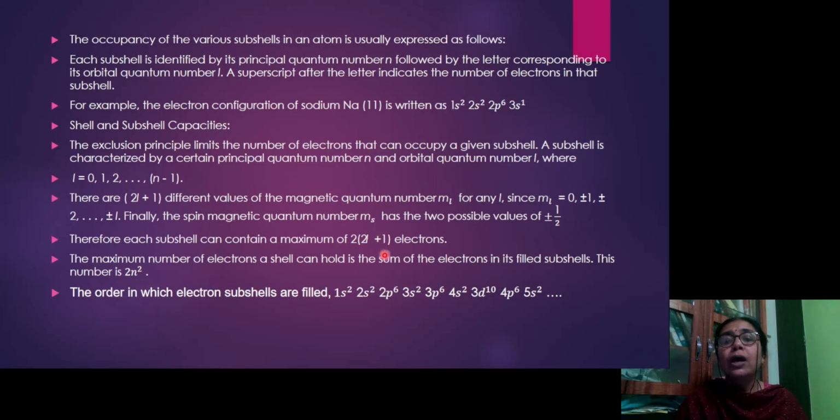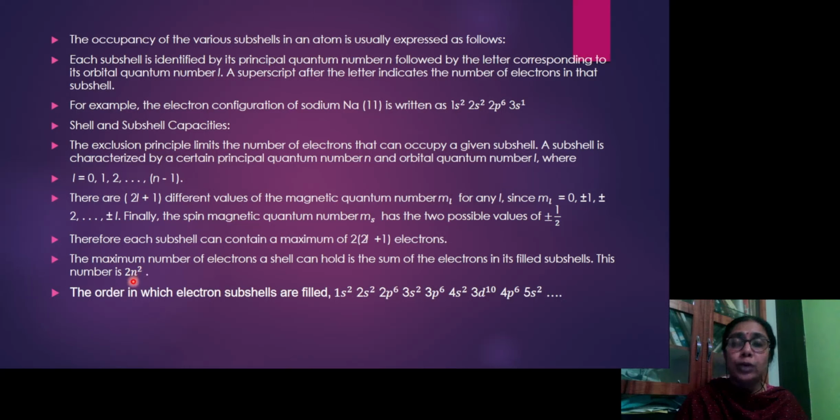Okay, so each subshell can have 2 into 2L plus 1 electrons, and each shell can have a maximum of 2n square. So that means n equal to 1 can have a maximum of 2 into 1 square. 1 square is 1.